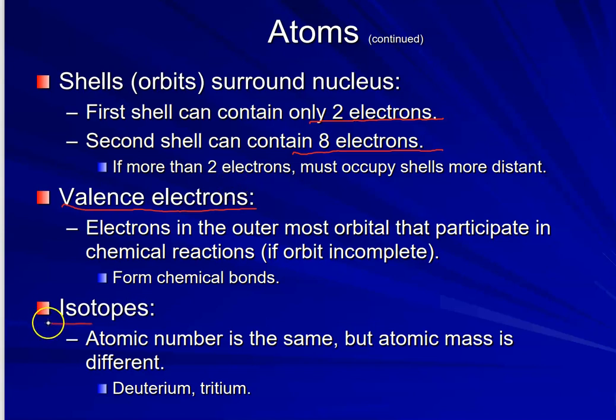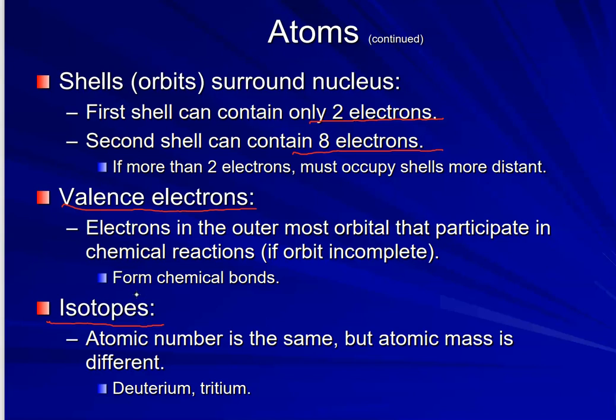An isotope, as a sidetrack, is an atom that is still the same element. So let's say we're dealing with carbon that is not carbon 12, but carbon 14, which is an important isotope. Now, carbon has six protons, and to be carbon it has to have six protons, but how does it have an atomic mass of 14?